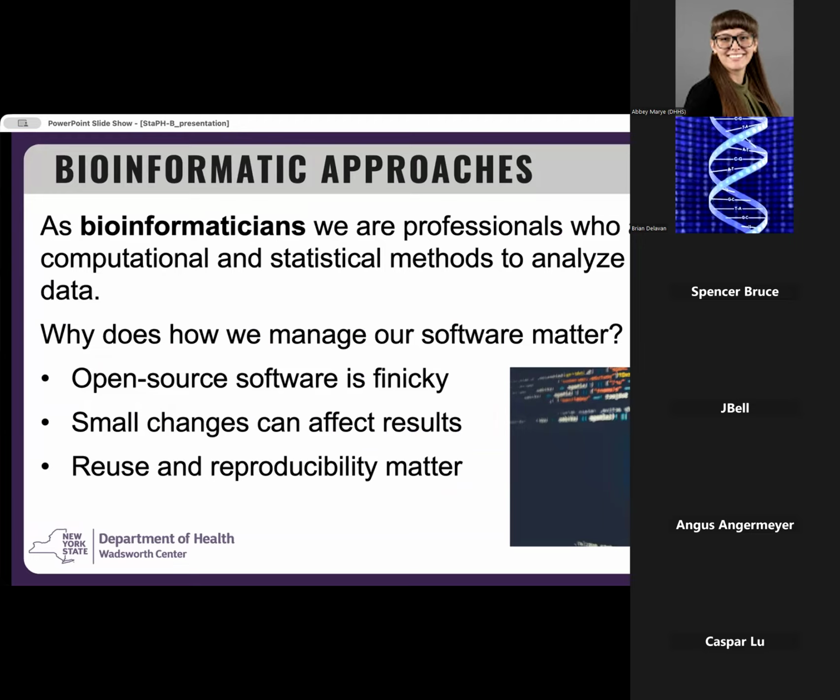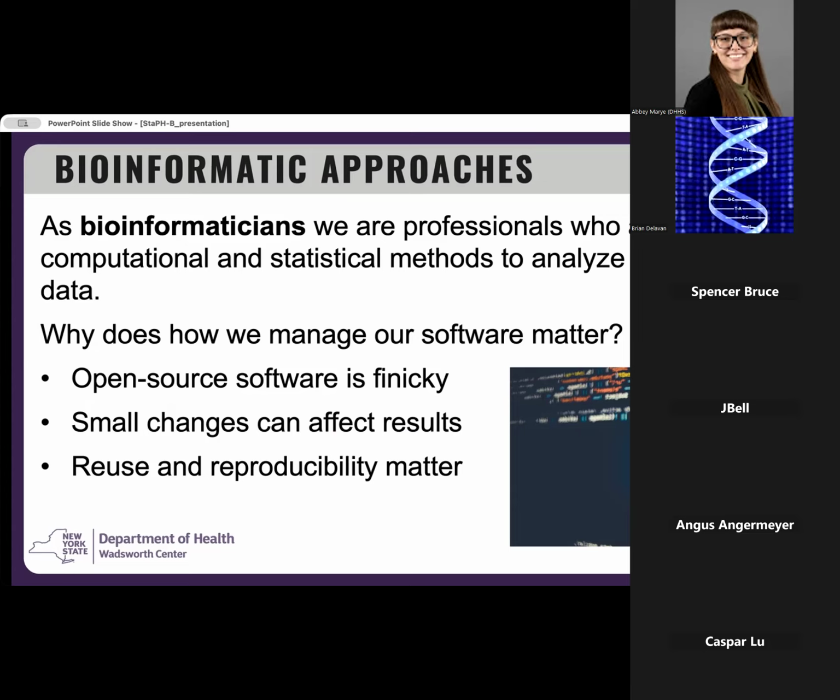Open source bioinformatics software is powerful, but it's also kind of fragile. Small changes in versions or dependencies can affect results. In public health, analyses often need to be reused, audited, or shared, which makes reproducibility critical.